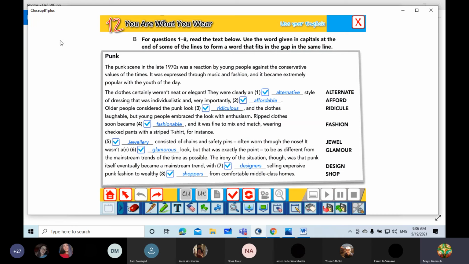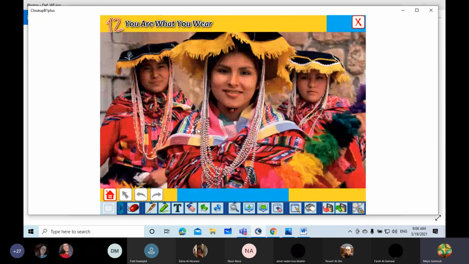I will give you the topic that you will talk about, and I believe if you open to page 153 in your student's book, it is about fashion also. We have exercise A, so let's have a look at it.